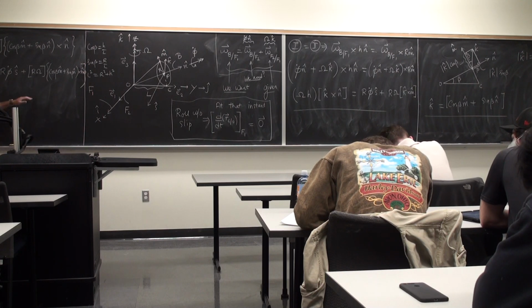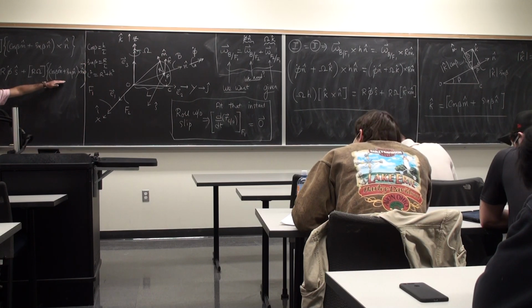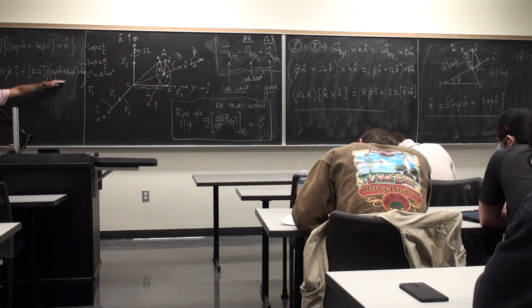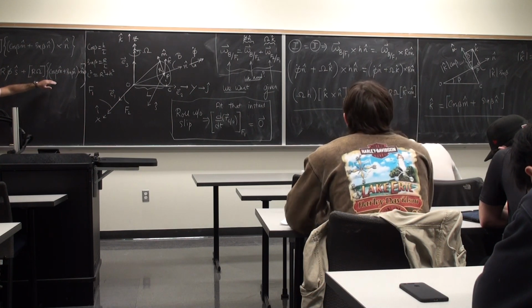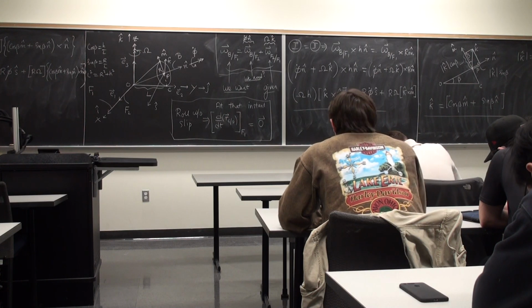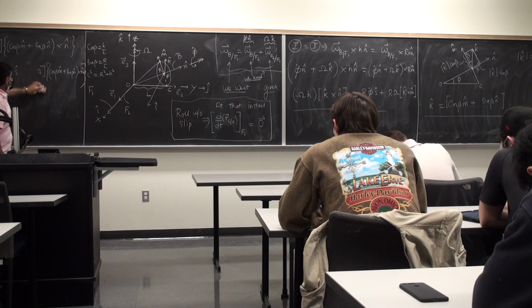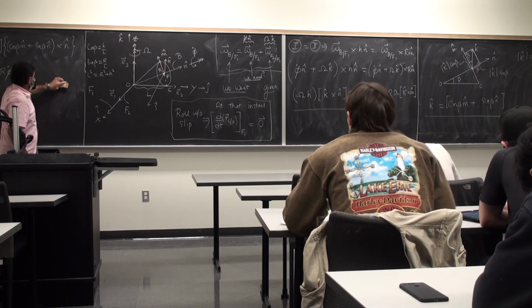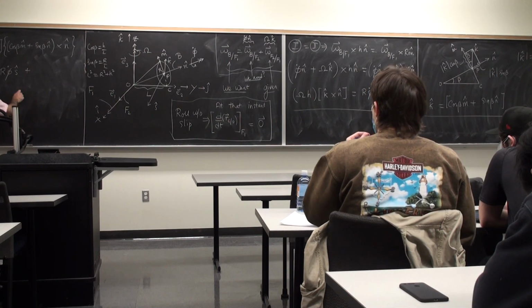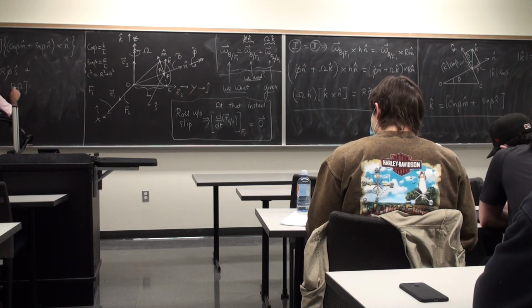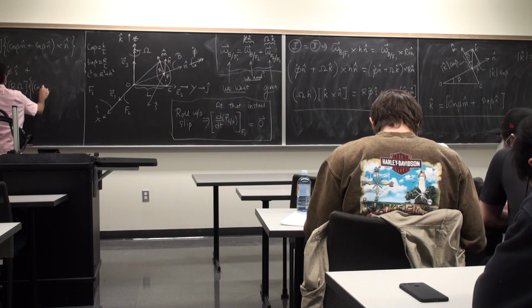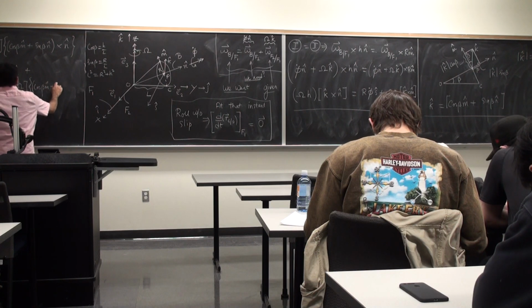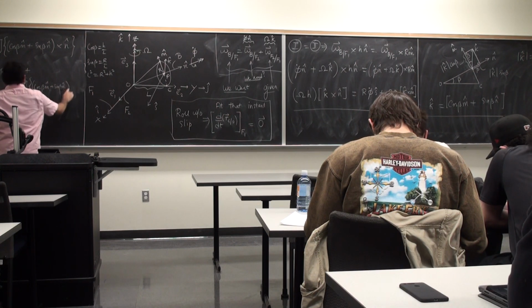Is my writing legible to everybody? These last few letters, all I'm doing is just substituting stuff. Maybe I'll just write it on the next line. This is plus omega times cosine beta m hat, sine beta n hat.